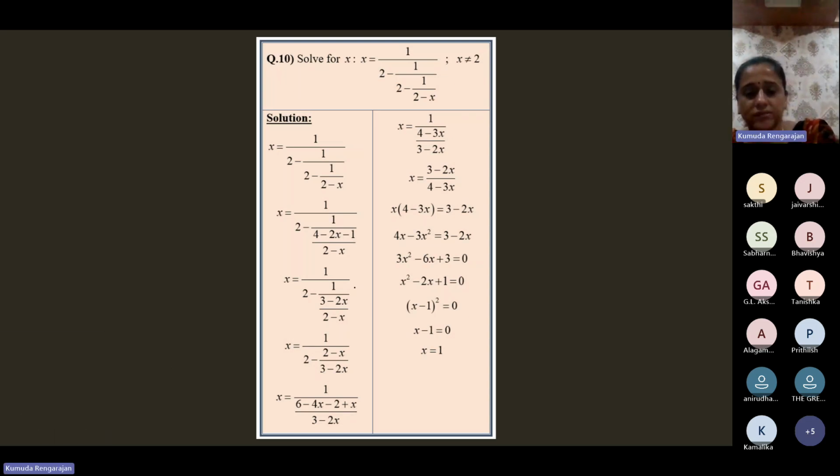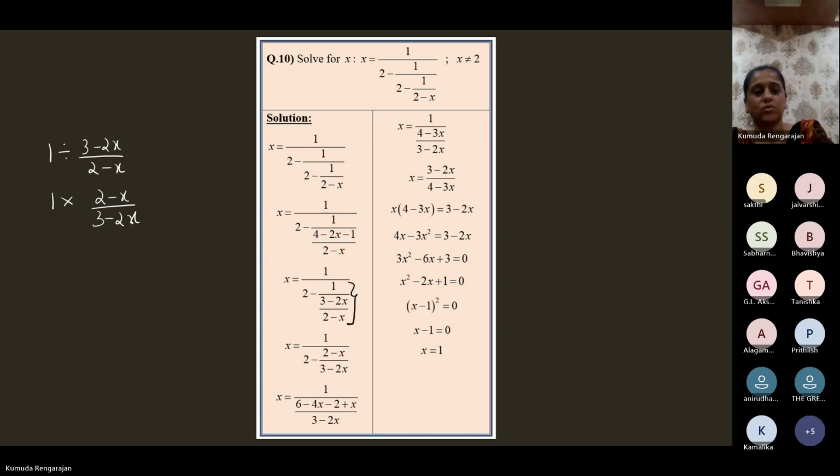See, nothing to get confused with this part, children. See, it is 1 divided by 3 minus 2x. Let me write that here. See, this one is 1 divided by (3 - 2x) by (2 - x). So it will become 1 into (2 - x) by (3 - 2x), which is nothing but (2 - x) by (3 - 2x).